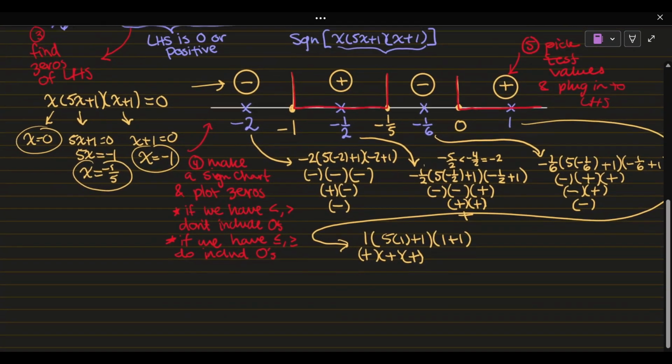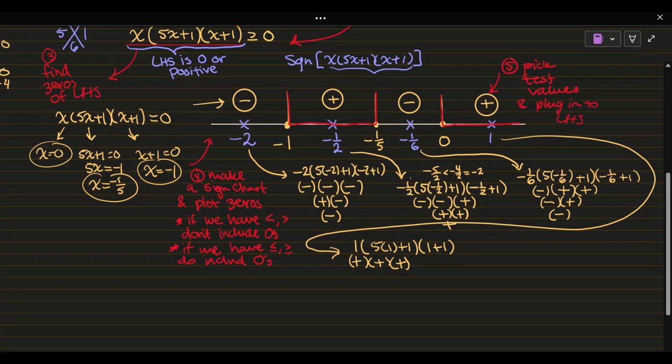So the intervals that make up our solution: the closed interval from negative 1 to negative 1/5, union, that is along with, the interval from 0 to infinity. Why are our intervals closed? Oh, this should be an open parenthesis.